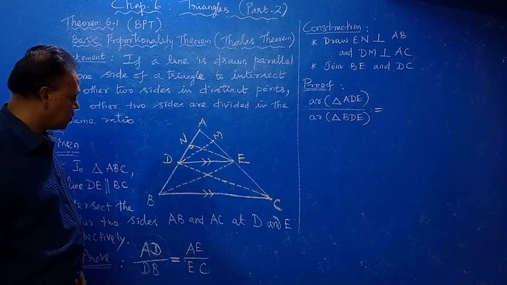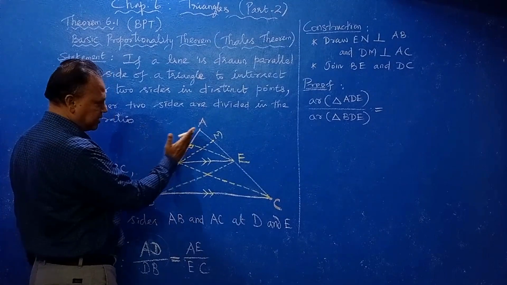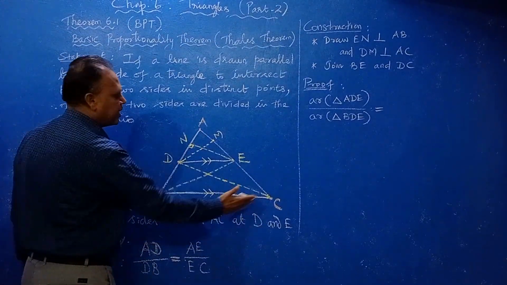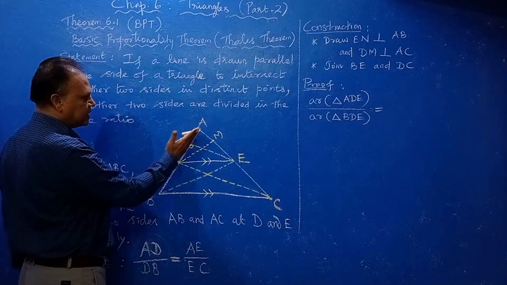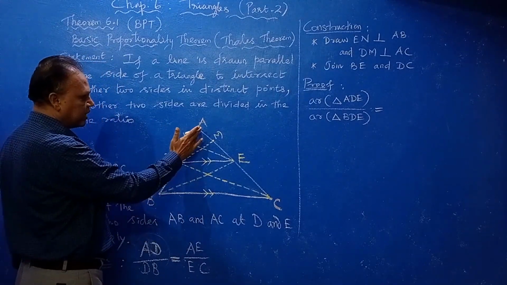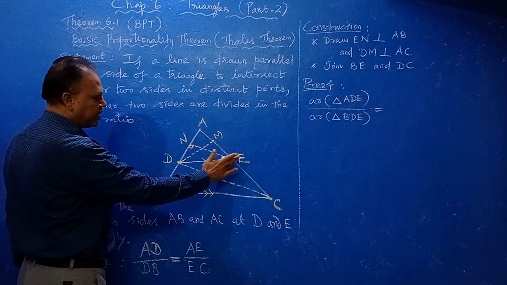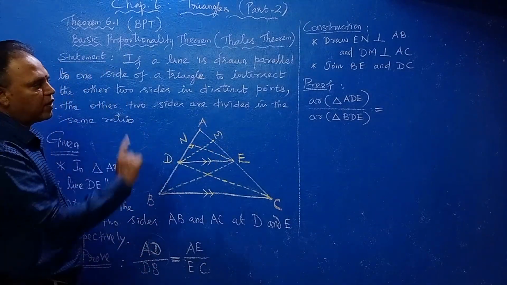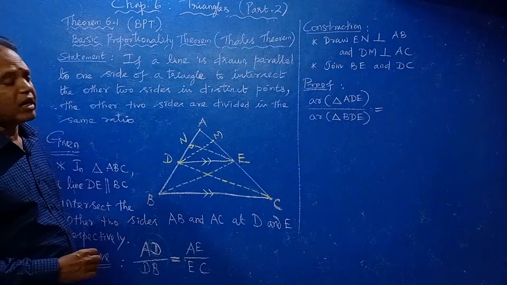Understand? So first you take left hand side. Left hand side you have AD by DB. Based on AD you take one triangle, based on BD you take another triangle. Clear? For both you have to write area.